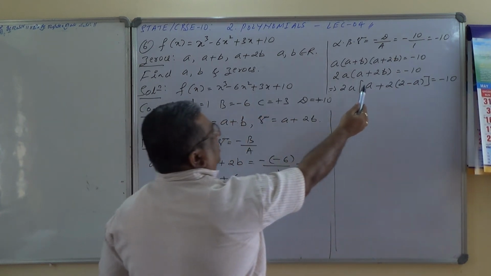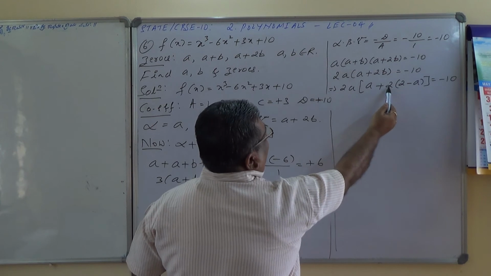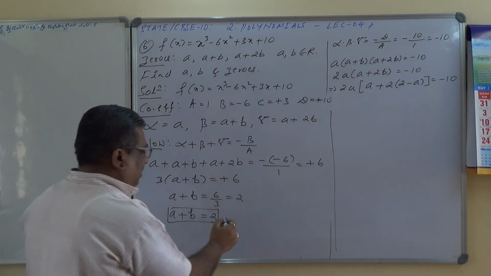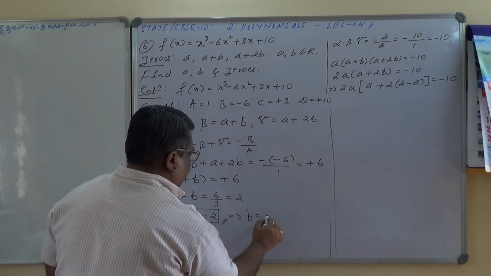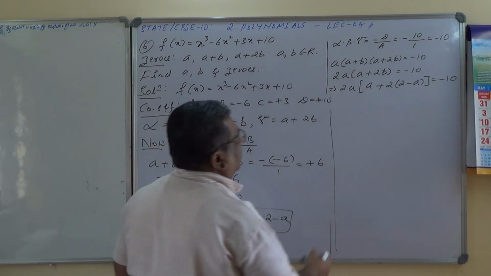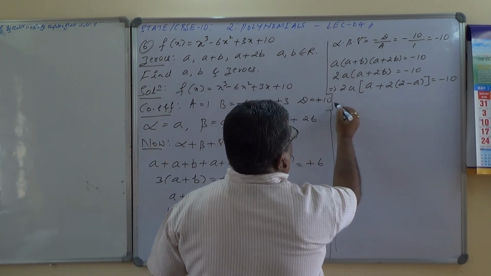What I did is, this value of b is nothing but 2 times 2 minus a. How did I get this? From here, b equals 2 minus a. This value I am substituting. So let's complete this now.